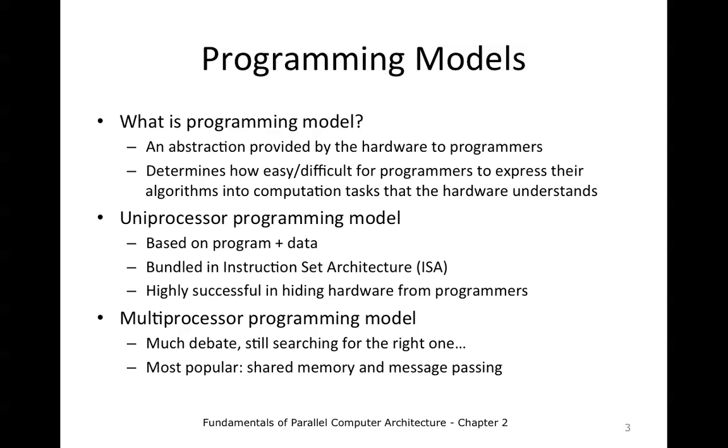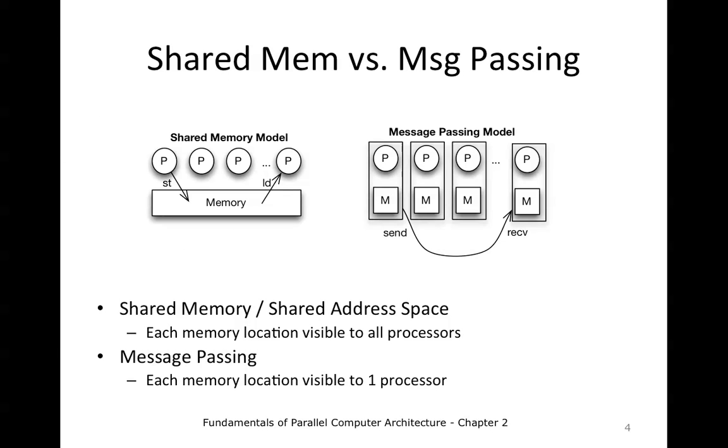Two of the most popular programming models are shared memory and message passing. Let's look at the difference between them. A shared memory model essentially treats the memory as something that is visible to all the processors or processor cores. All the processors can read from any part of the memory, and the memory is essentially a flat address space.